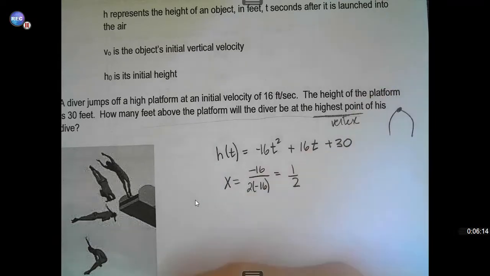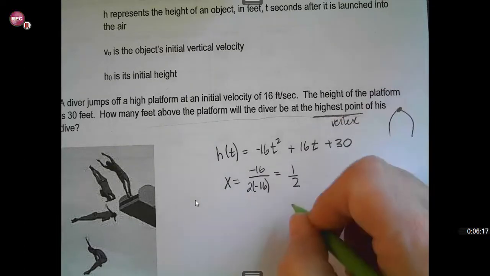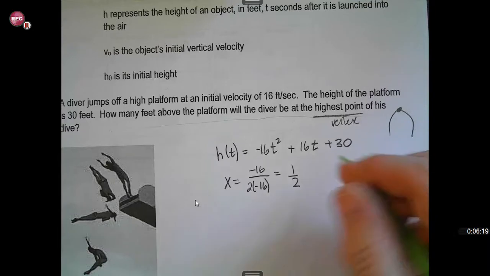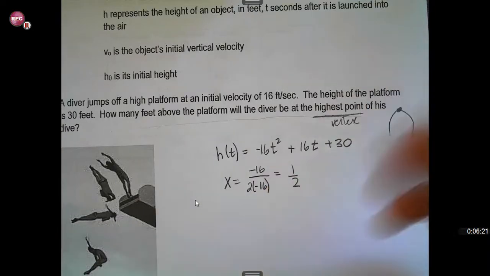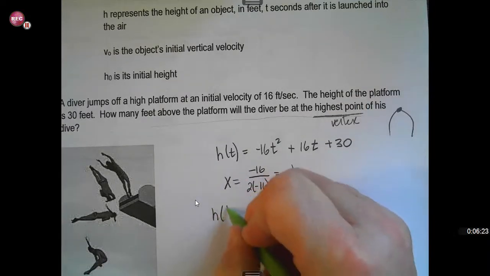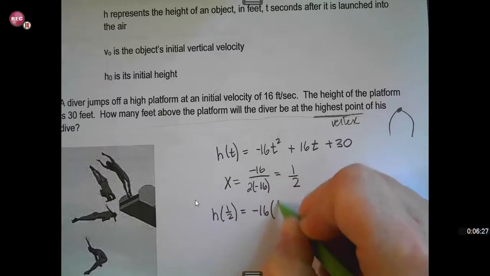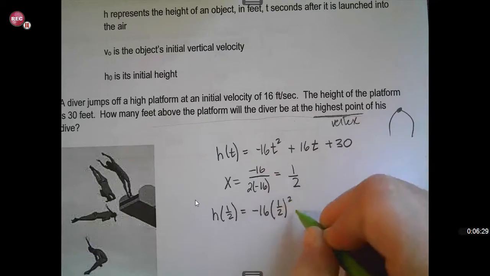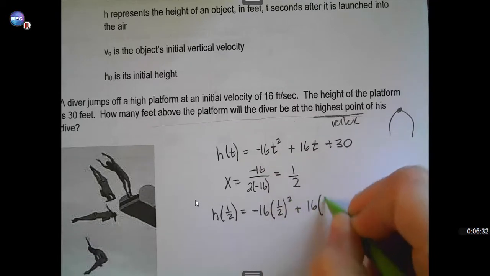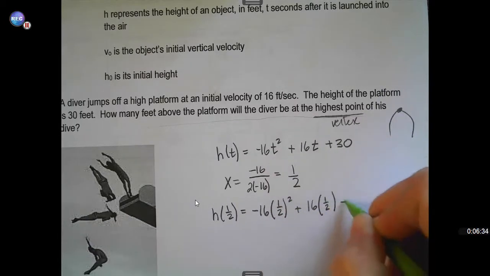We use the opposite of b over 2a to find at what time that occurs, and then for the y coordinate, we plug in 1/2 for t, so negative 16 times 1/2 squared plus 16 times 1/2 plus 30.